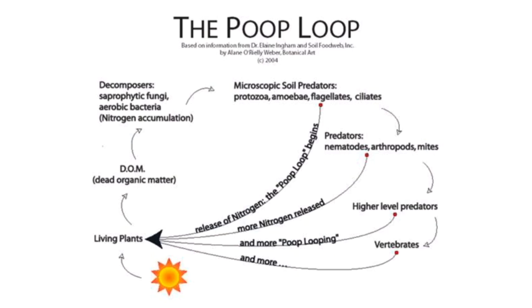They then get chomped up by other soil predators, protozoa, amoeba, flagellate, ciliates. When they poop, they release those nutrients back into the soil in plant available forms, and so on and so forth as they themselves get eaten up that soil food web.